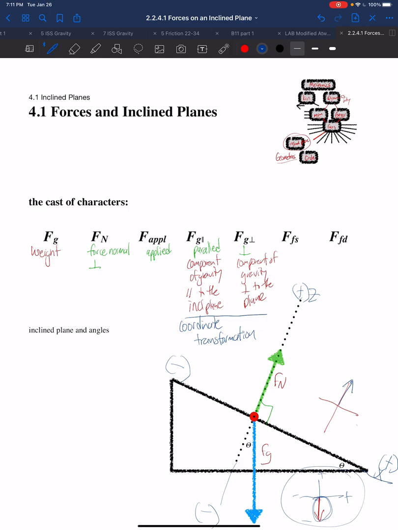Then we have the force of friction, static. Static friction, which we remember is stationary, and dynamic friction, which is sliding friction, where the molecules slide past each other.